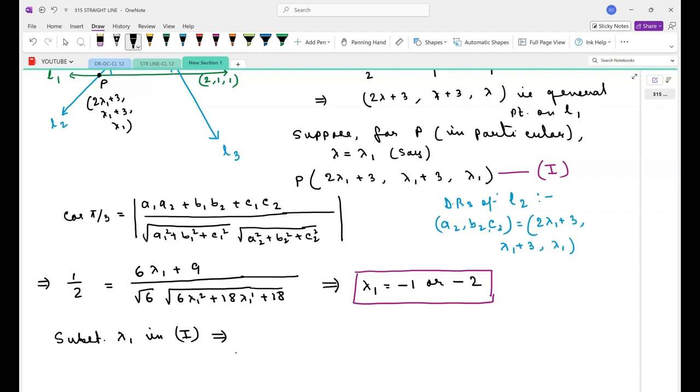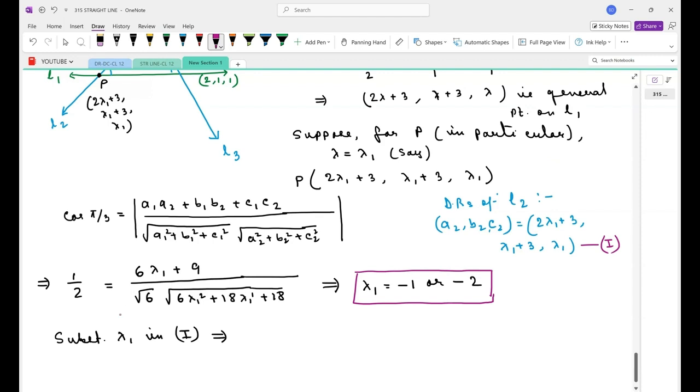P is this. We actually want the DRs of L2. So we'll substitute it here, number 1, to get the DRs of L2.